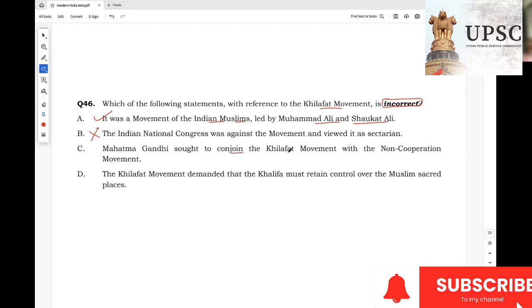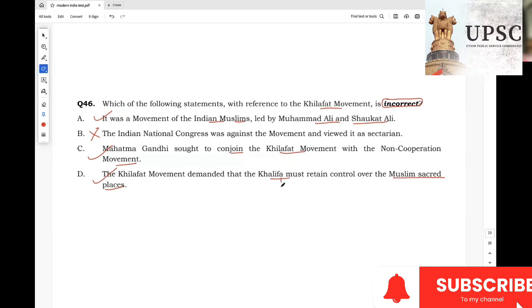Mahatma Gandhi sought to conjoin the Khilafat with the non-cooperation movement, obviously. So if the third statement is correct, obviously the second statement is wrong, because Gandhi was associated with Congress. If Gandhi is associated with Congress, how can Congress be against the movement? Khilafat demanded that the Khalifa must retain control over the Muslim sacred places.